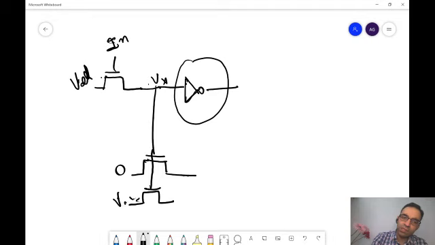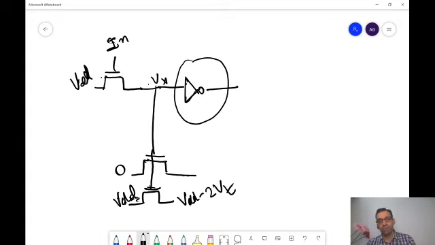So what is the benefit now? If I put VDD over here, what happens now? The gate is at Vx. What will I get over here? VDD minus 2 threshold drops.